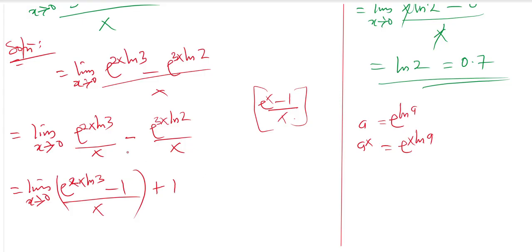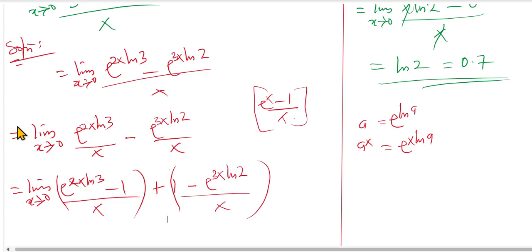So plus 1, then minus e to the power of 3x ln 2, this all over x. So we have the second part of the function.